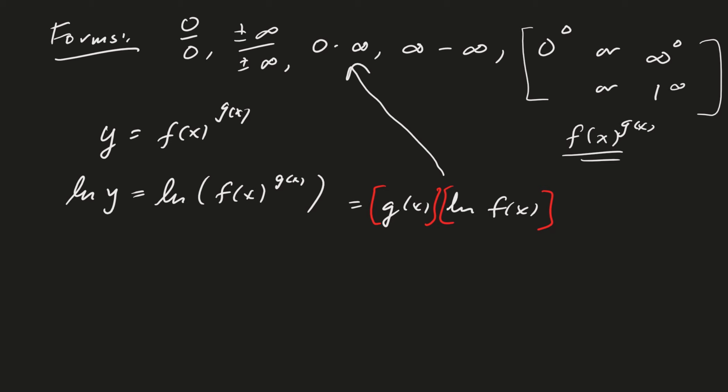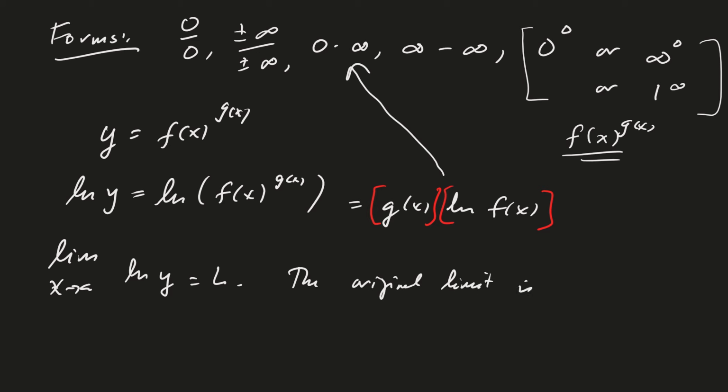So what we're going to do then is take the limit as x approaches a of the natural log of y. And suppose that limit is actually equal to L. Then what is the original limit going to be? Since we took the natural log to start with, we want to exponentiate to end with.